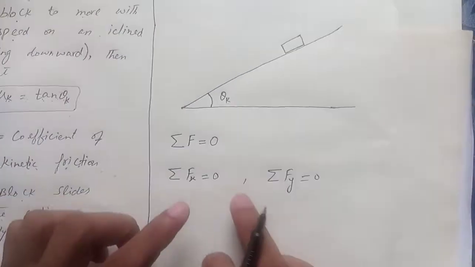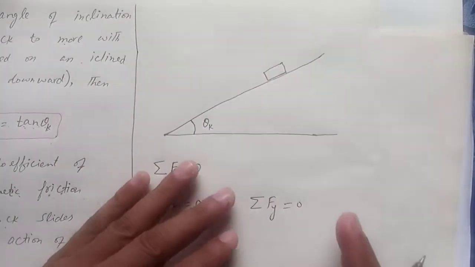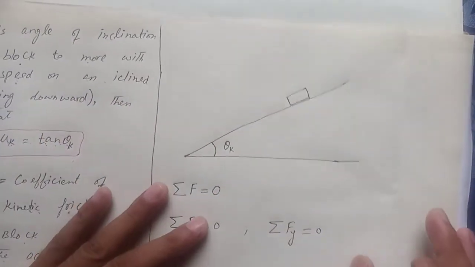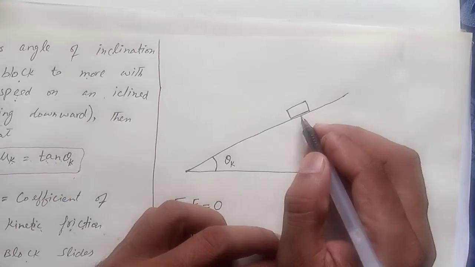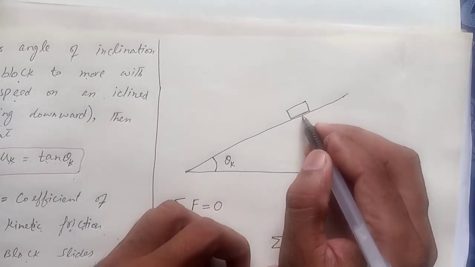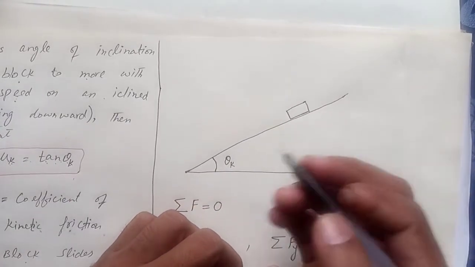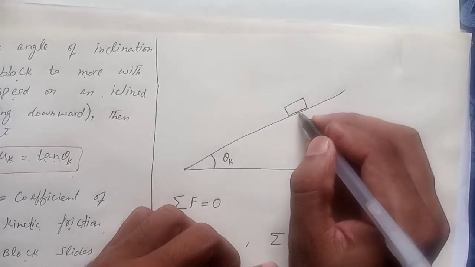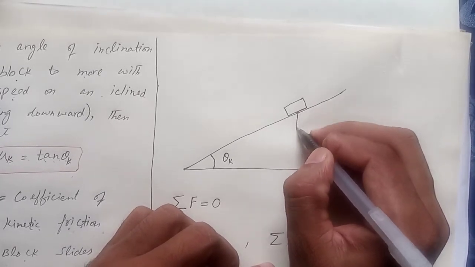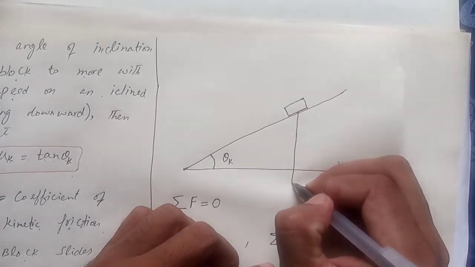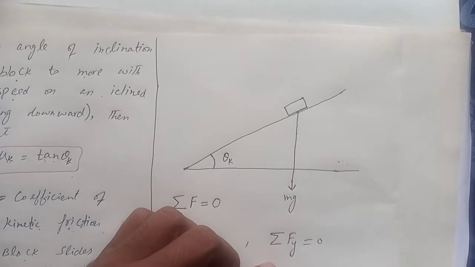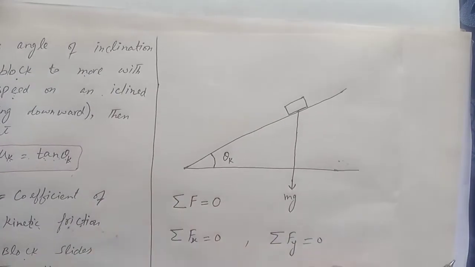To use these conditions, we have to know how many forces are acting on this block. The weight of the block acts vertically downward, so if the block has mass m, its weight is mg, acting vertically downwards.